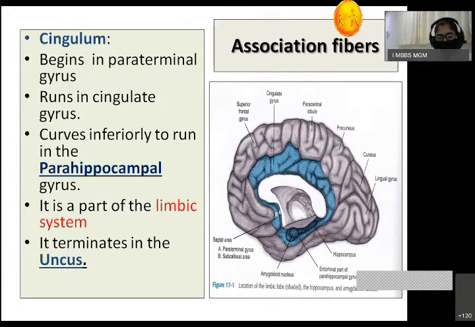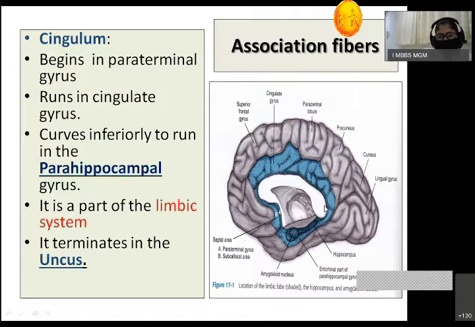Now cingulum. This is cingulum. It begins in the paraterminal gyrus and later on runs in the cingulate gyrus. We have seen this is the cingulate gyrus, and then it turns inferiorly. It runs into the parahippocampal gyrus, and it connects parts of the limbic system.